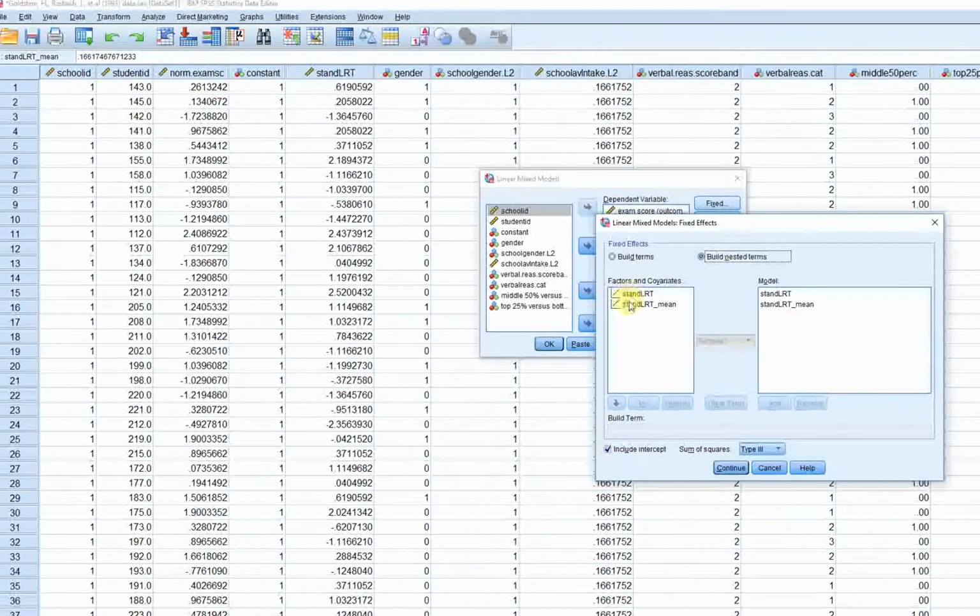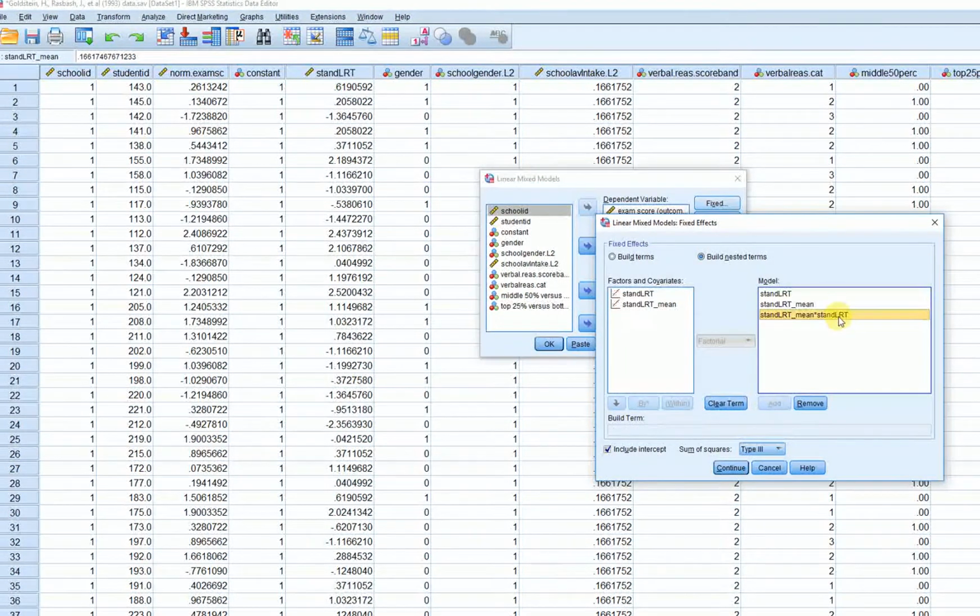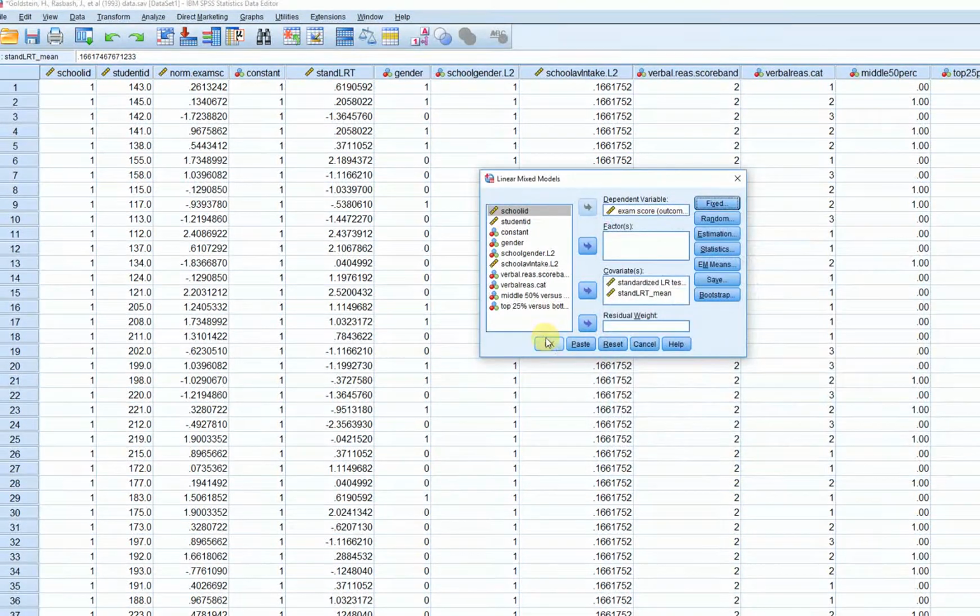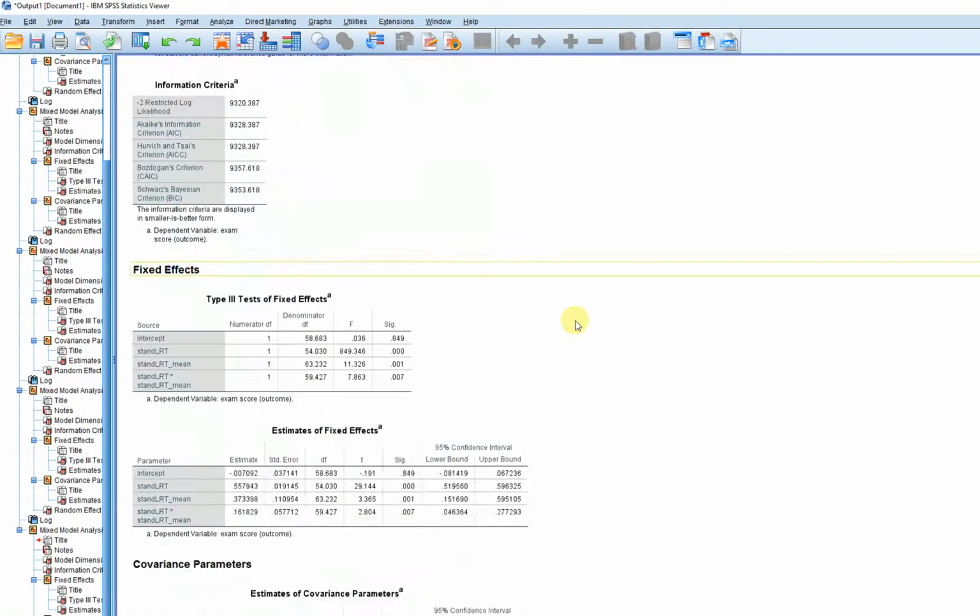We're going to click on Build Nested Terms, and it doesn't matter the order, but I'm going to put this variable in down here by this variable here, and then click Add, and that creates an interaction term. So you don't actually have to create an interaction term using compute functions in SPSS. You can just do this, and this will accomplish that. So click on Continue, and then OK.